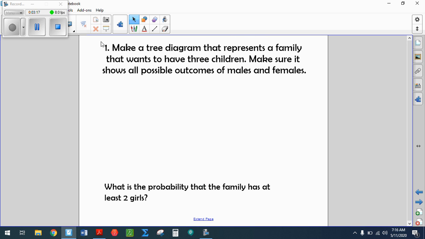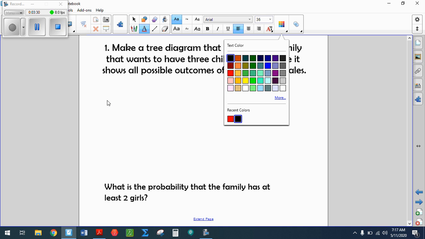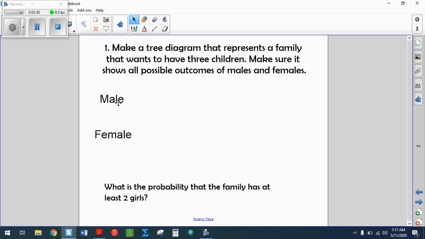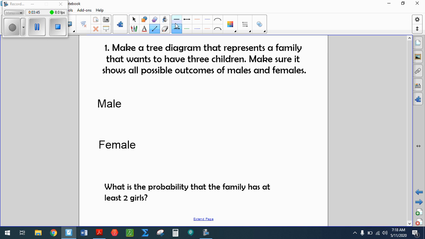Let's try to make a tree diagram that represents a family that wants to have 3 children. Okay, so we're having 3 children. Let's start with the first child. The first child can be male or female. And those are equally likely occurrences. Then from there, start to draw your branches.